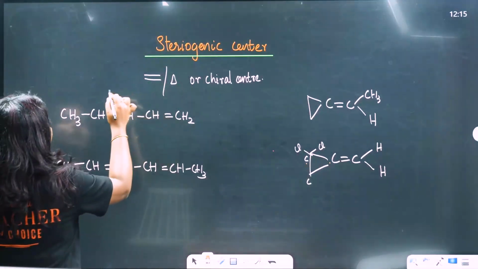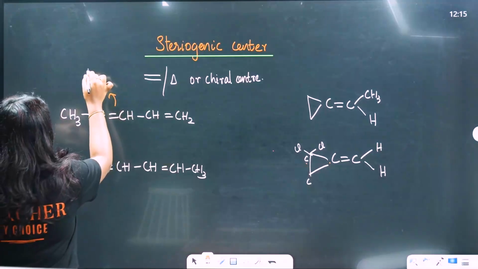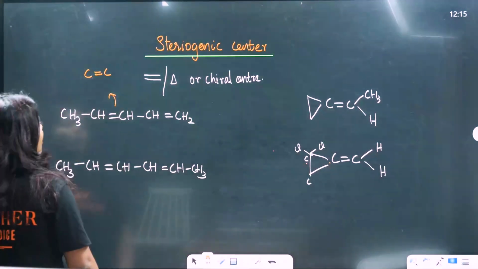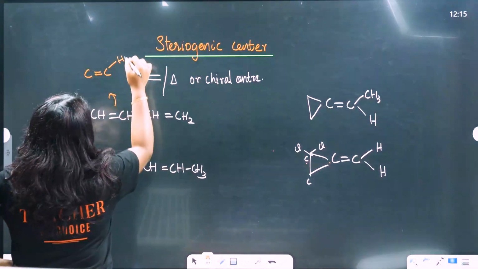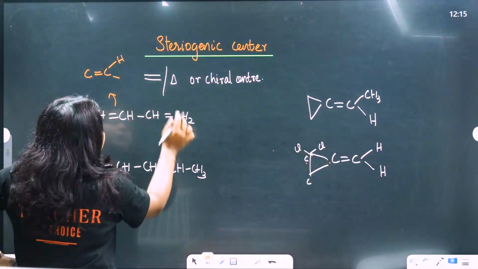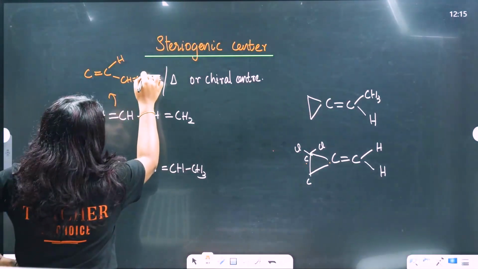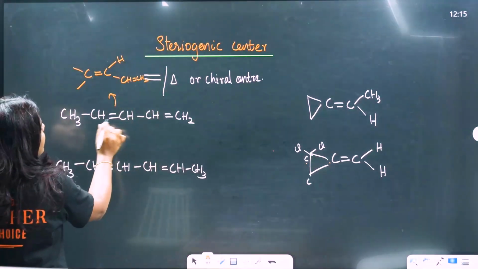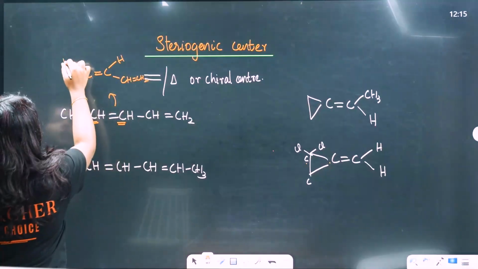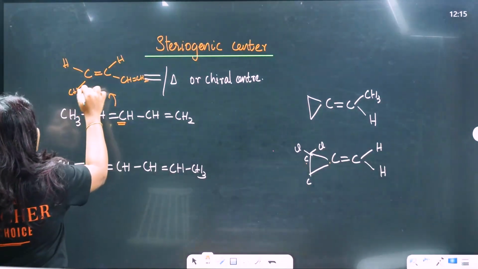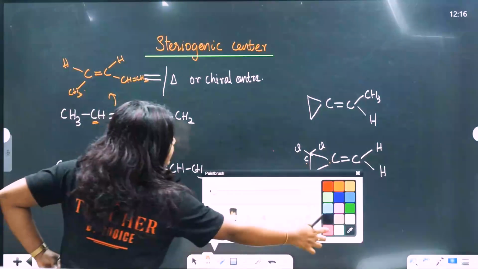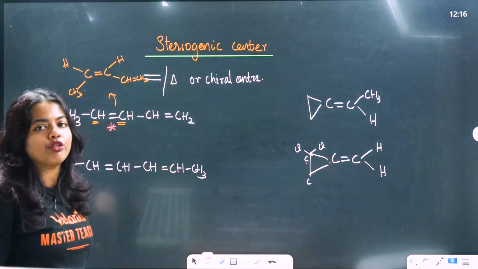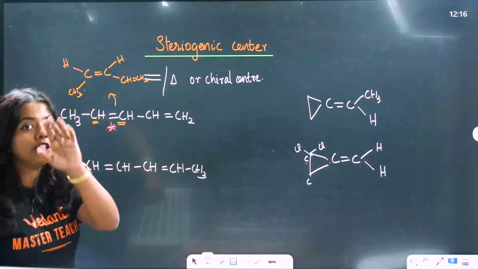Now while checking this, carbon double bond is there, you have your hydrogen here and you have another group like CH3 double bond CH2, right? And here also when you check, you can see that on this carbon, I'm telling you my dear students, here hydrogen is there, here CH3 is there, which means this particular double bond is stereogenic. Okay, this particular double bond is stereogenic, which is true.